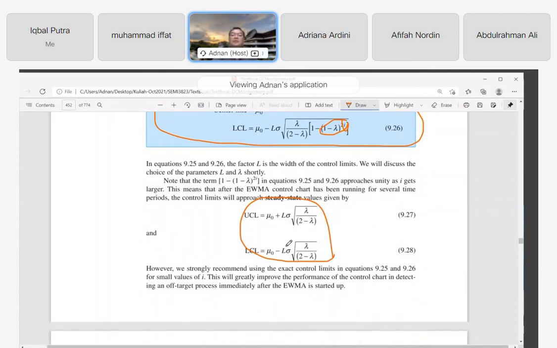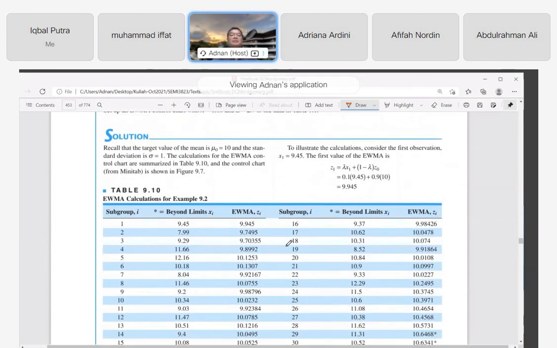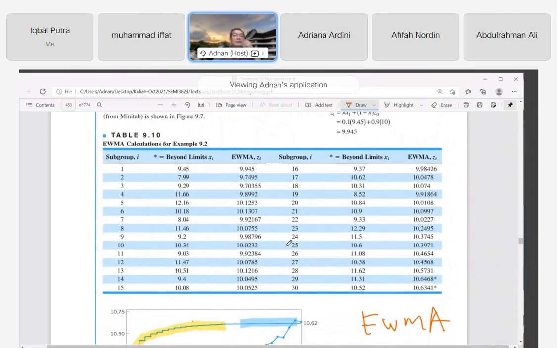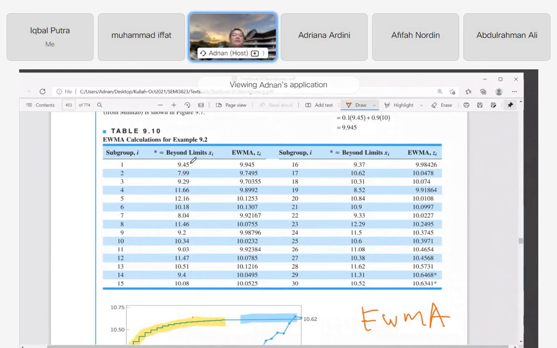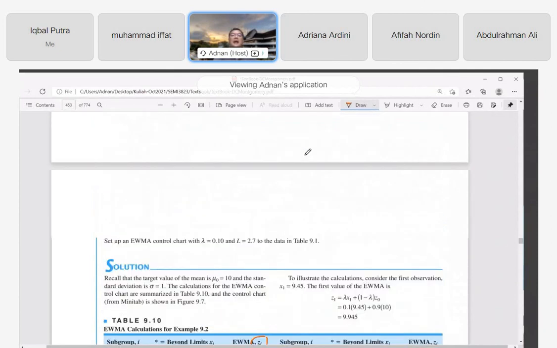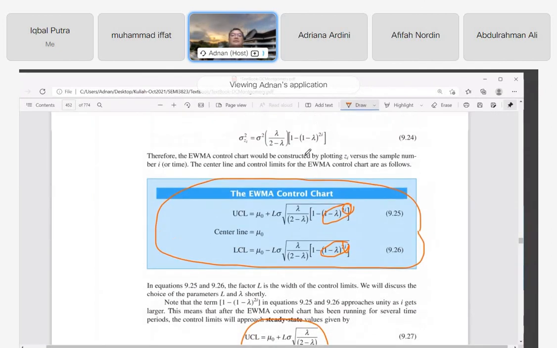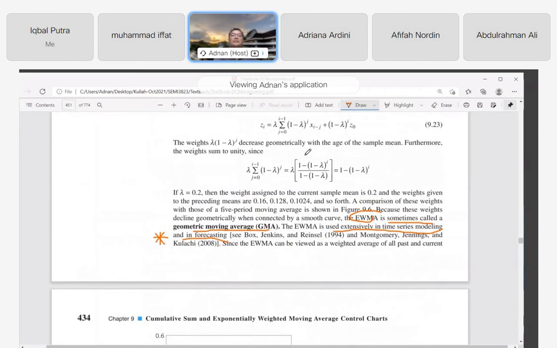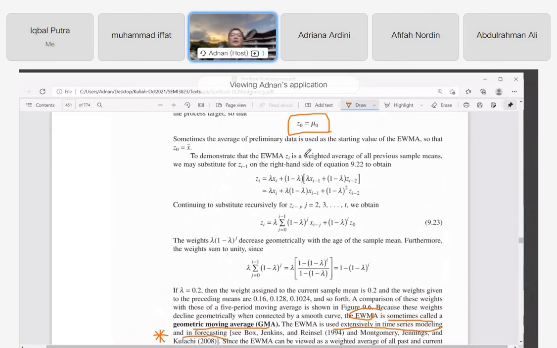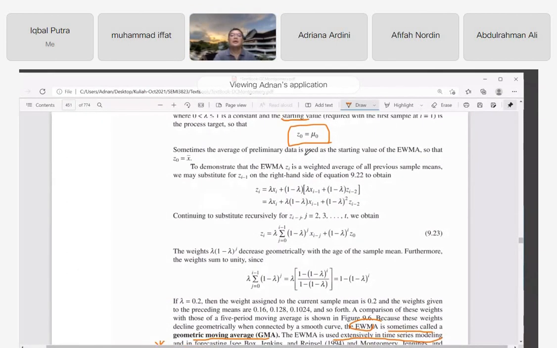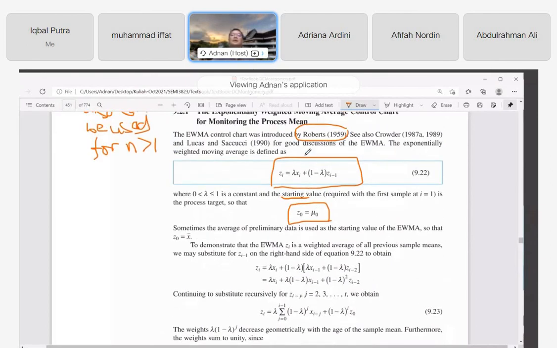If you look at the example, this example shows the same values that we used for CUSUM: 9.45, 7.99, 9.7, using the same values, and calculating the Zi. How do you get the Zi? The Zi is from this formula, Z1 equals lambda times x1 plus (1 minus lambda) times z0.